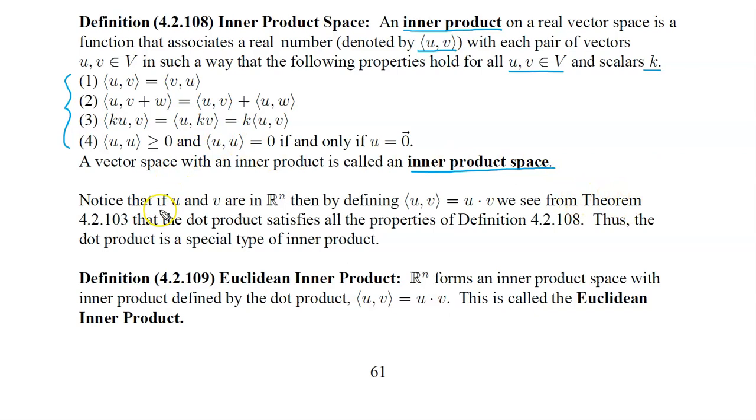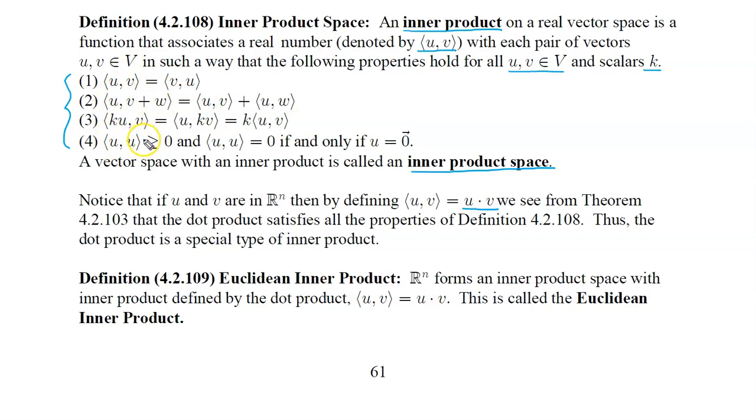Now take note that the dot product automatically satisfies all of these conditions because of the previous theorem that we looked at. Remember, we verified all of these properties for the dot product. If we just denote the inner product of u with v as u dot v, then all of these properties hold for the dot product.